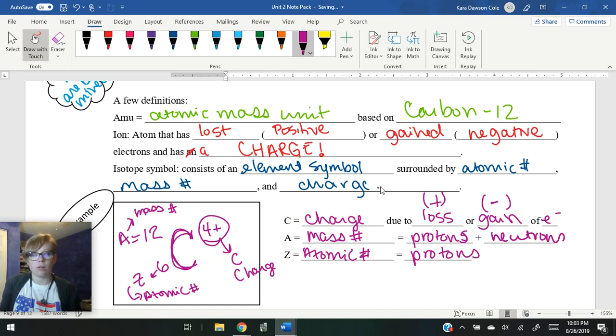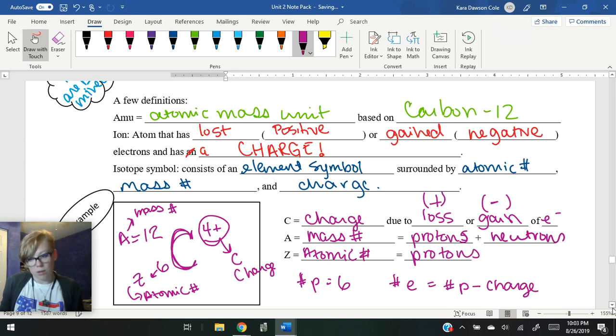So then I can go through this guy and state how many protons, neutrons, and electrons I have in this atom. If I want to know the number of protons for carbon, protons is equal to 6. That's always equal to the atomic number, and that number is always going to be on the bottom.